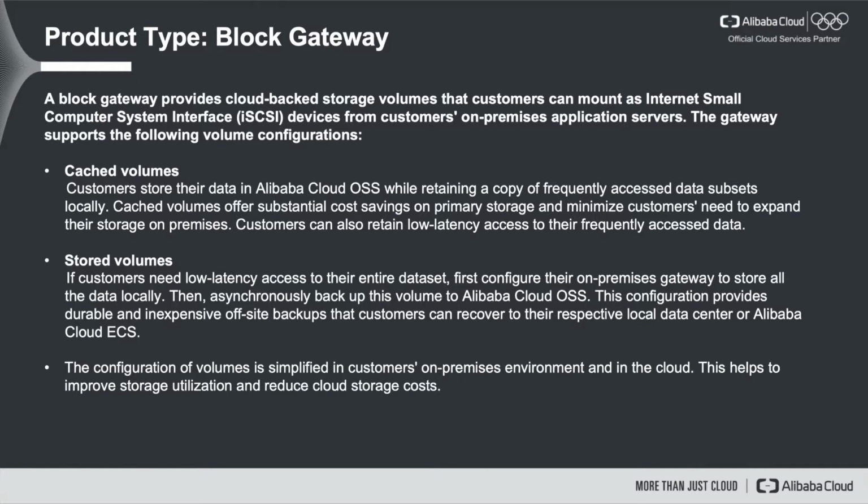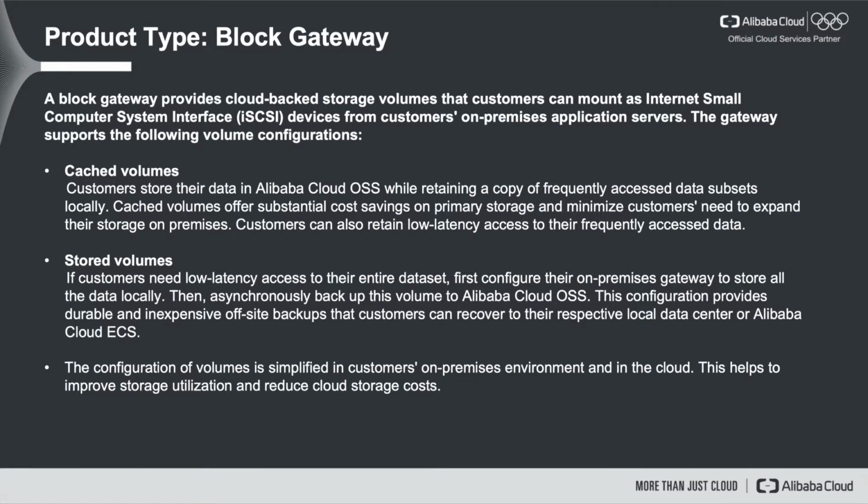The main difference between the two configurations is that with cached volumes, customers store their data in Alibaba Cloud OSS while retaining a copy of the most frequently accessed data locally. This allows substantial cost savings on the primary storage and minimizes the customer's need to expand their on-premises storage.